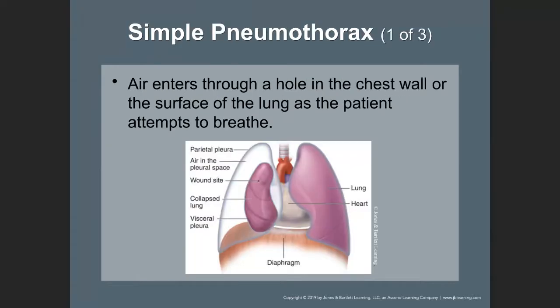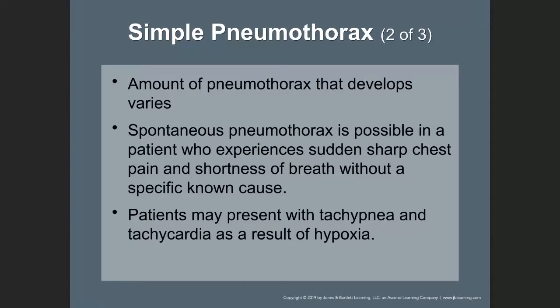Simple pneumothorax. Air enters through a hole in the chest wall or the surface of the lung as a patient attempts to breathe, and it causes the lung to collapse. The amount of pneumothorax that develops varies.